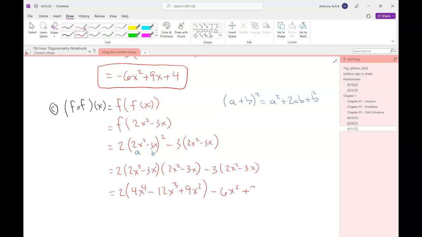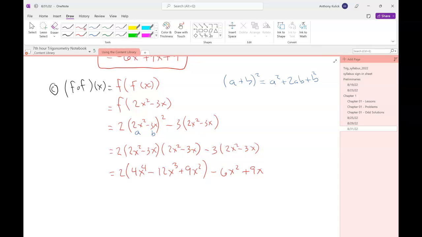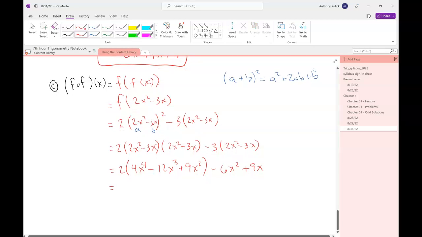And distribute that stuff through. I guess I didn't really need this line if I was going to do that shortcut, huh? You can do it either way. Do you guys see what I'm saying with my shortcut?